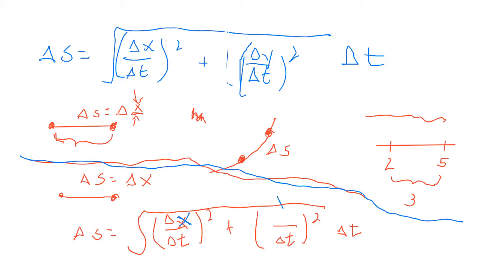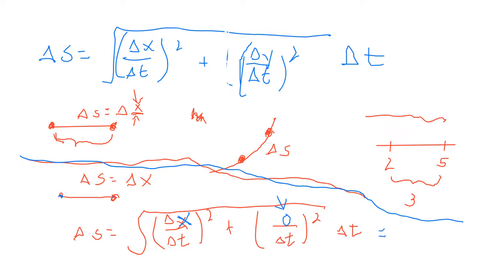And then what's going to go here? What's delta Y equal to? 0. That's right, Ellie. There is no delta Y. It's a perfectly horizontal arc. Okay, so that's then what you're going to get.